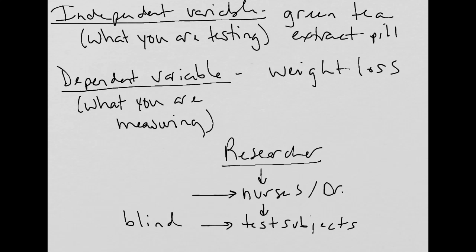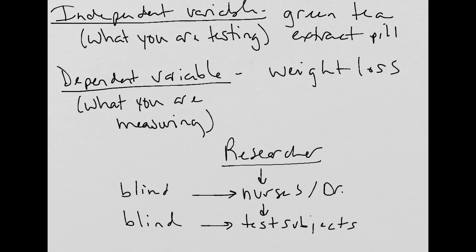You step on the scale and it shows it, but other times what the nurses or doctors have to assess is a little more subjective. Improvement in motor skills or improvement in Parkinson's symptoms or something like that that's a little more subjective. You might also want to not tell the nurses and doctors if the patient is getting the treatment. Okay?